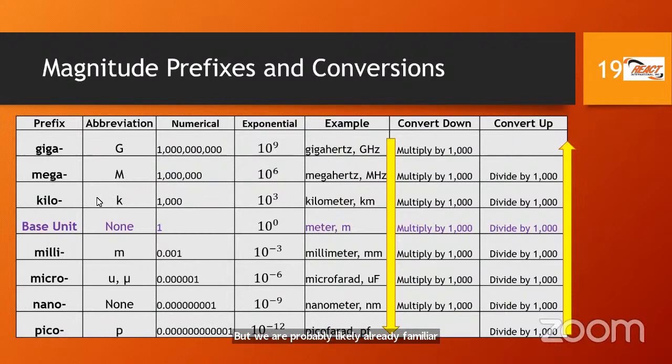So for example, we may already be familiar with a meter, right? So we'll say a 1 meter rule, or something is 3 meters wide or 10 meters tall. But then if we are giving longer distances, we may say something is 10 kilometers, depending on how you want to say it.